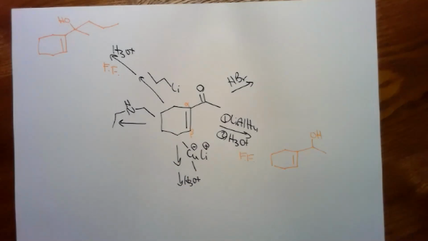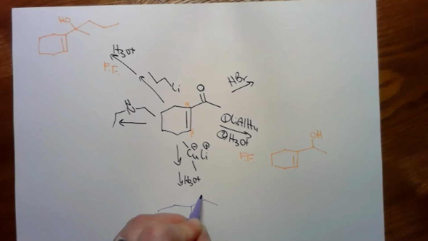We're going to say that Grignards can do direct addition, fast and furious addition, but organocuprates are weaker than Grignards. Grignards truly give you a little bit of both direct and conjugate, but organocuprates give you all conjugate addition.